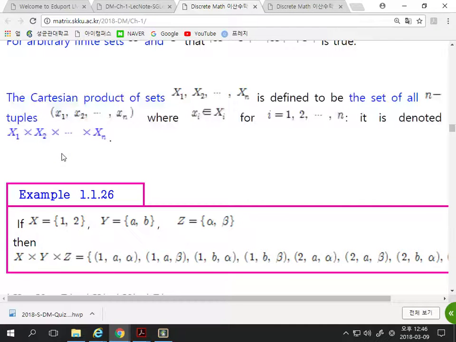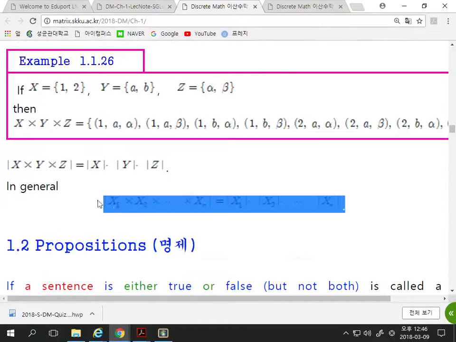This is also a Cartesian product of n sets, and the cardinality of this Cartesian product of the X_i's is the same as the product of the cardinalities of each set X_i, like this. Okay.